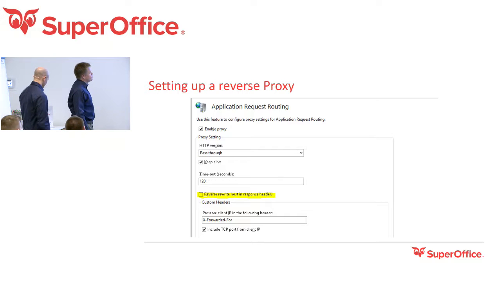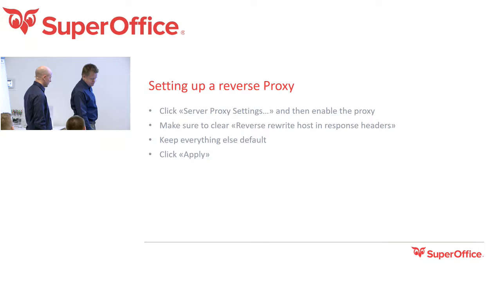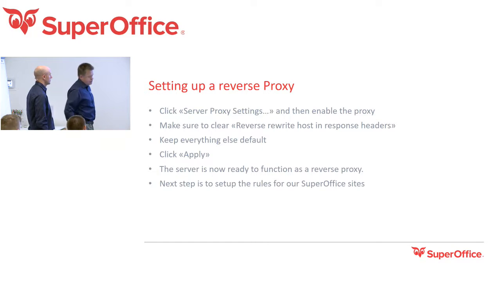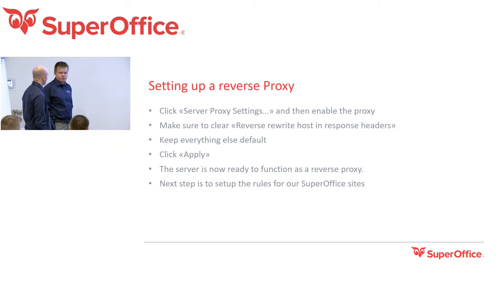But turn off reverse rewrite host in response headers. We will add an outbound rule later to handle this part. I'll explain why we'll do that. And then you just click apply, and you now have a proxy server that's ready. That's how easy it is to set up the proxy server itself.